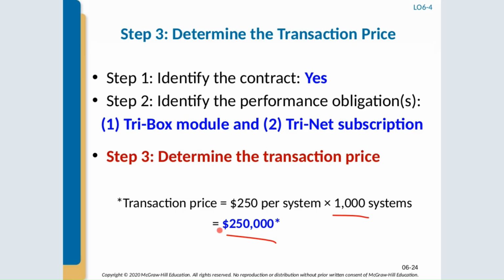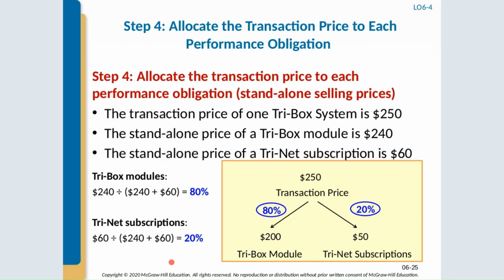But we're going to have to split the 250,000, right? Because we said one is gradual and the other one is at point of sale. So since we know what the standalone price is, their fair market value, then we can do an allocation of the 250. So we take 240 for the modules divided by 300. And so 80% of the selling price we're going to allocate to the module.